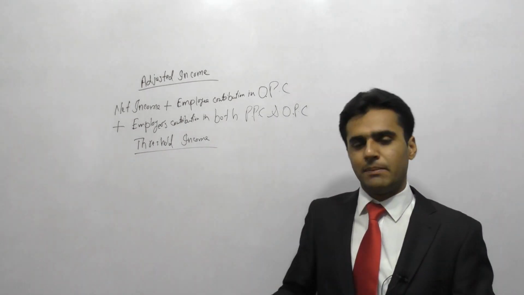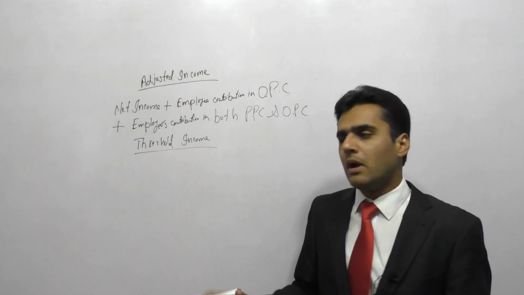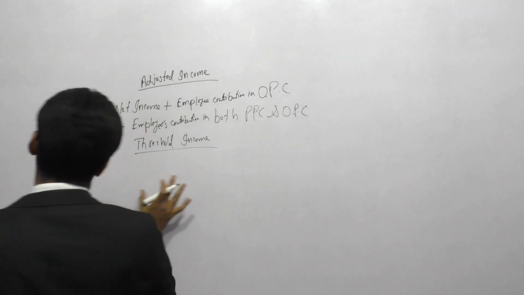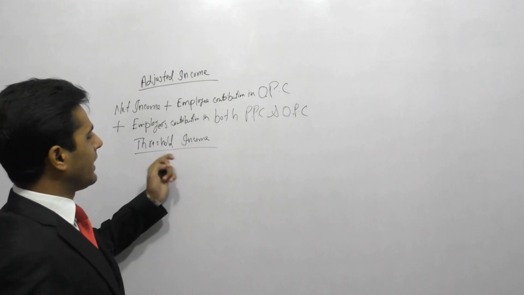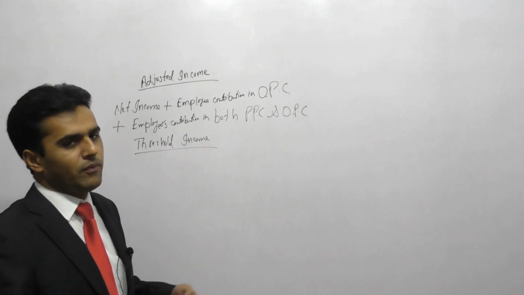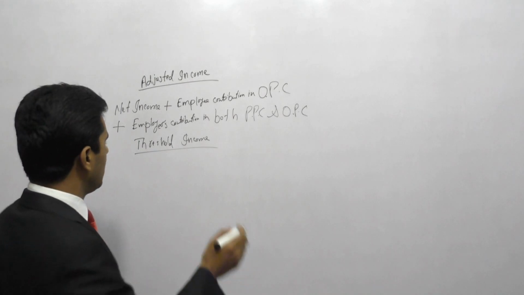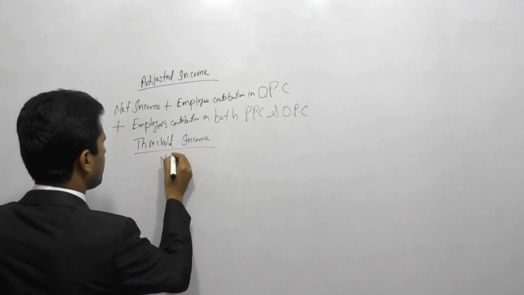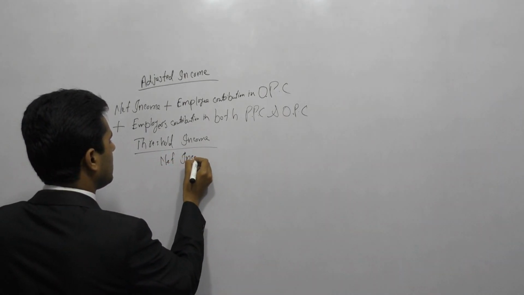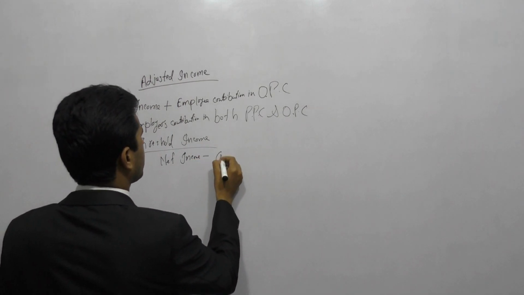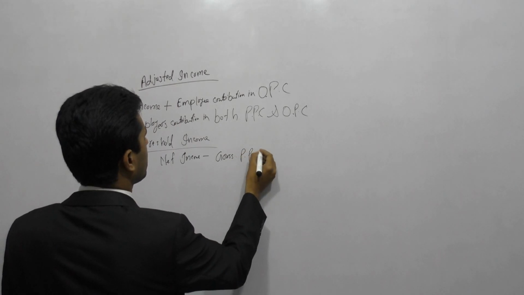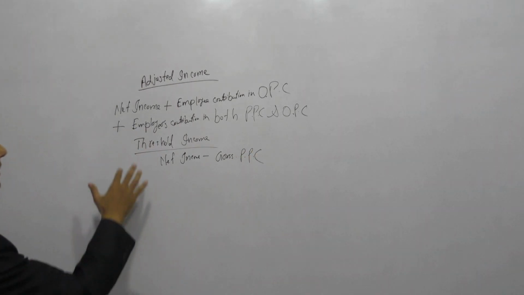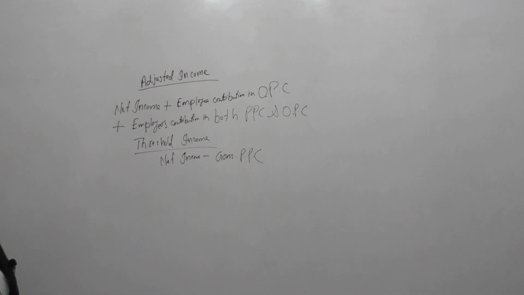So threshold income simply means adjusted net income, but we write down threshold income here because we are doing the pension chapter. When you write threshold income, we will know that we are doing the pension question. So we'll take net income less the gross amount of personal pension contribution. That is the formula to calculate threshold income.